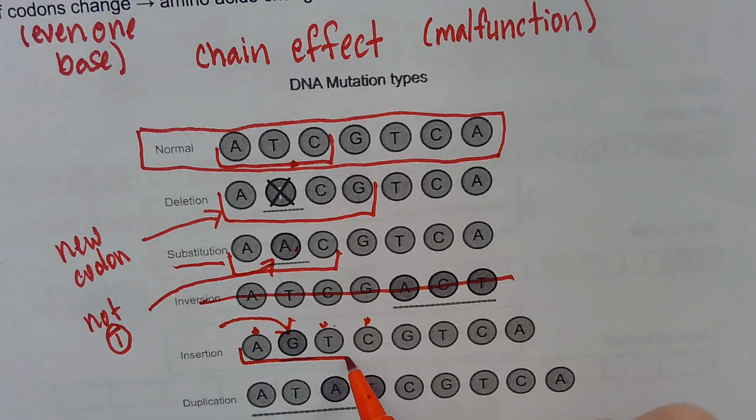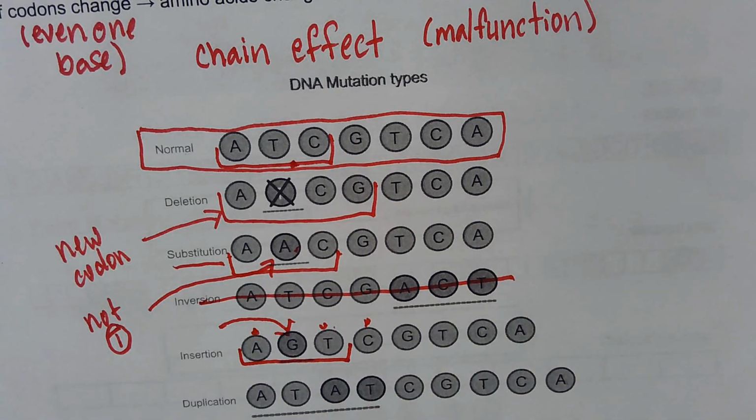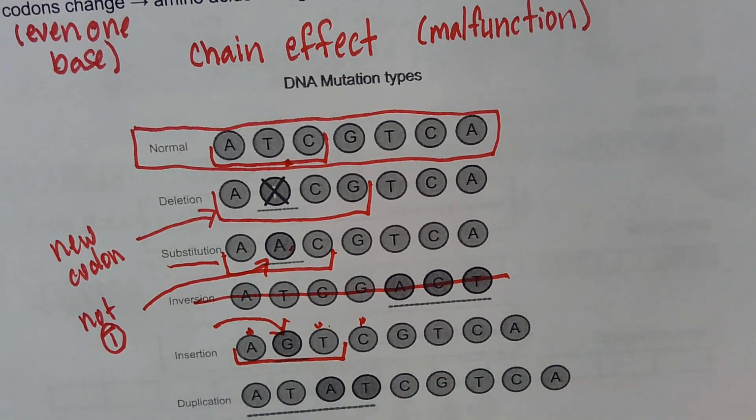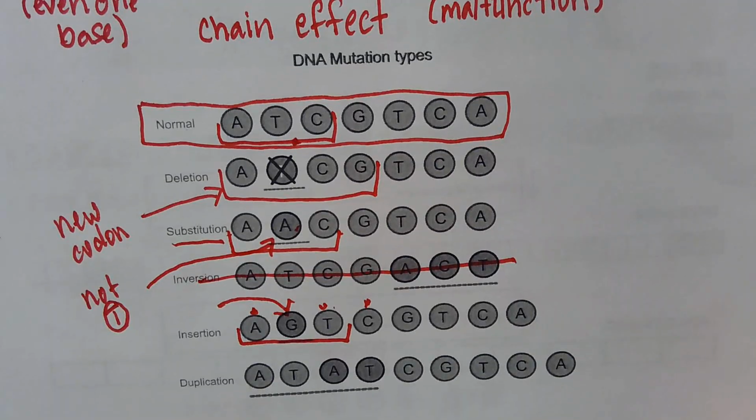So now it's not ATC, it's AGT. Because then it sort of looks like everything after is going to be okay, but my next codon should be GTC. If I've taken that out, now it's TCA. All right, so we've inserted one.